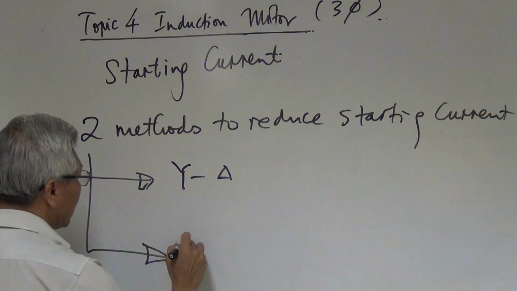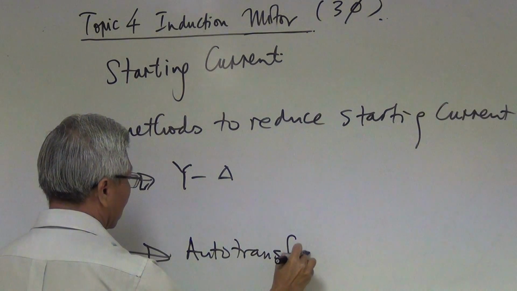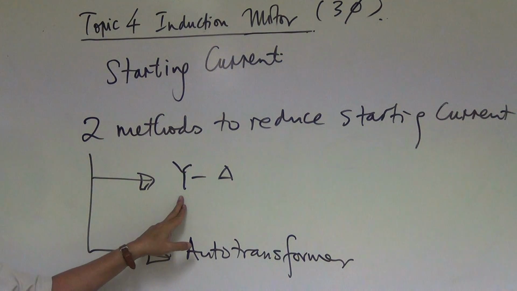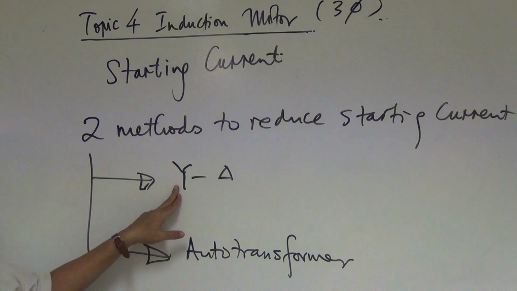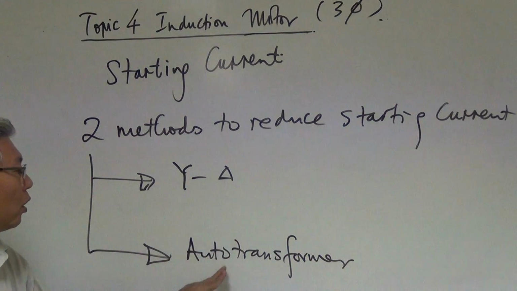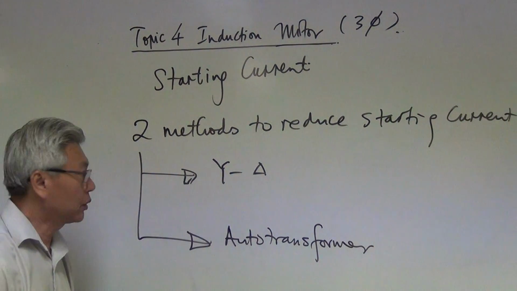The next one is actually using an auto transformer. Star-delta converter means that you start the circuit with a star circuit first. When the motor starts moving already, then the circuit can then be switched back to delta connection. Right? Auto transformer is that you use the auto transformer to step down the voltage.